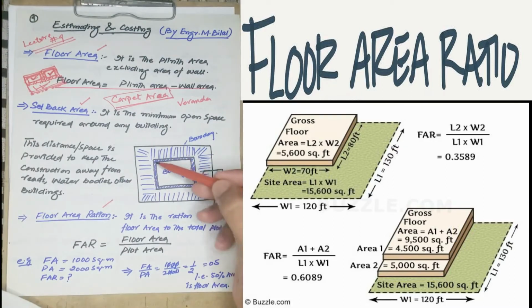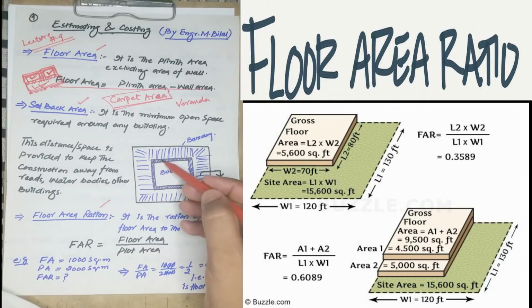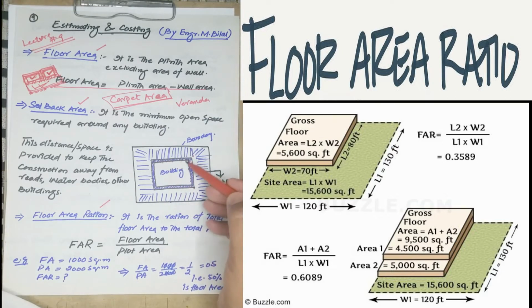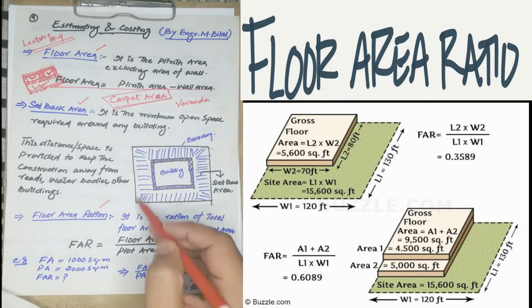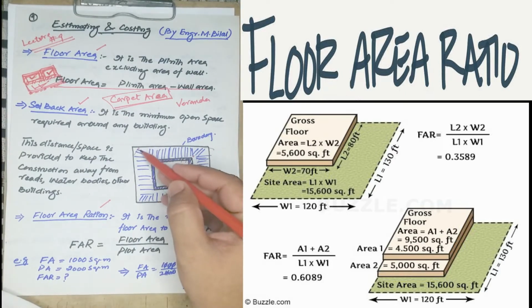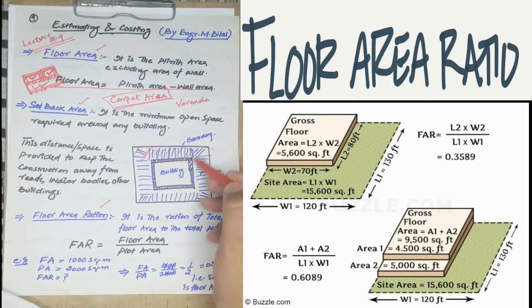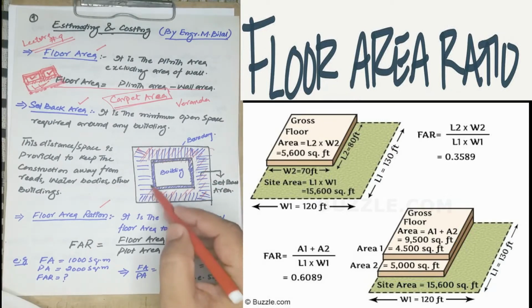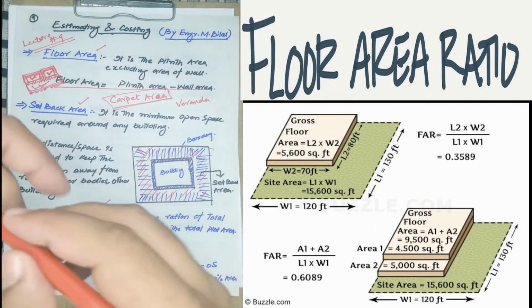Let's suppose this one is our building, this is the boundary wall, and this is the total plot area. The sufficient area we leave around our building is called setback area.